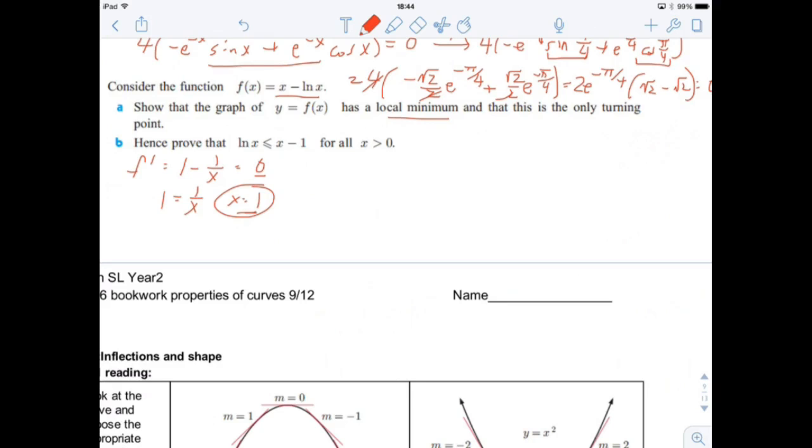B, hence prove that log of x is less than or equal to x minus 1 for all x greater than 0. Let's see.